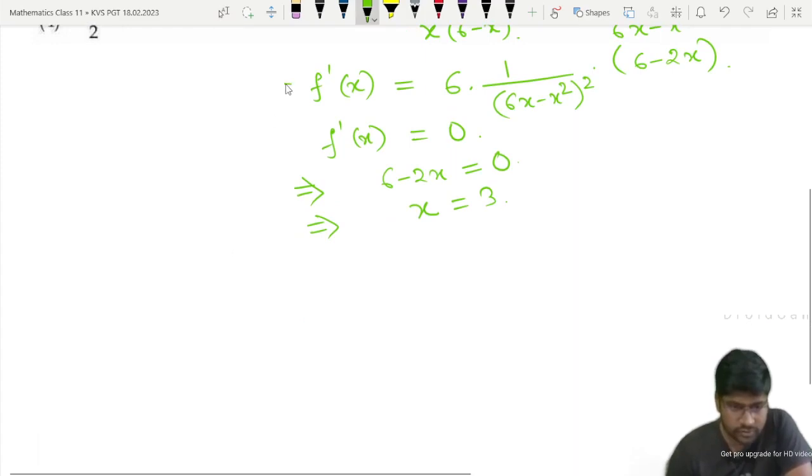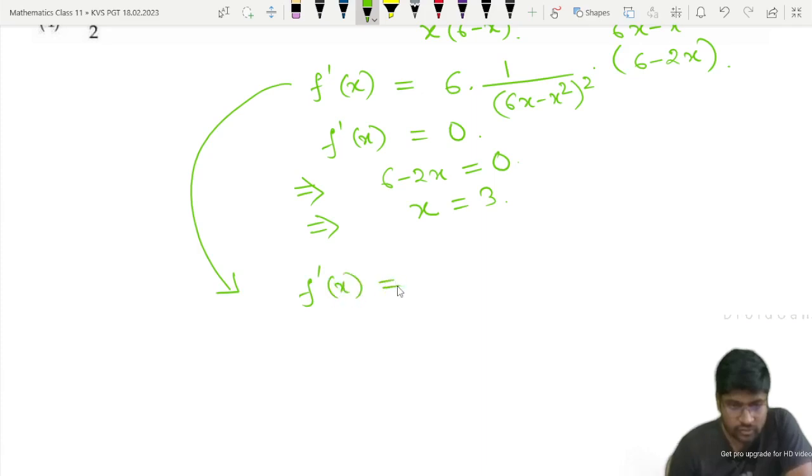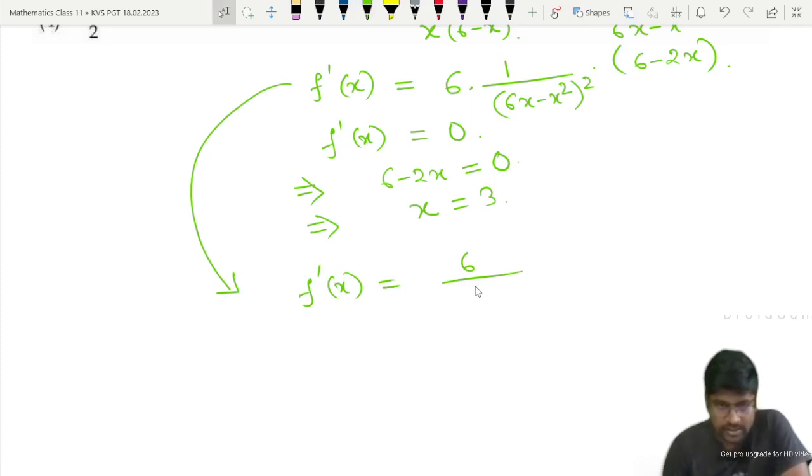So coming back here, I will write f dash x in a simplified form. F dash x will be equal to 6 into 6 minus 2x divided by 6x minus x square whole square.